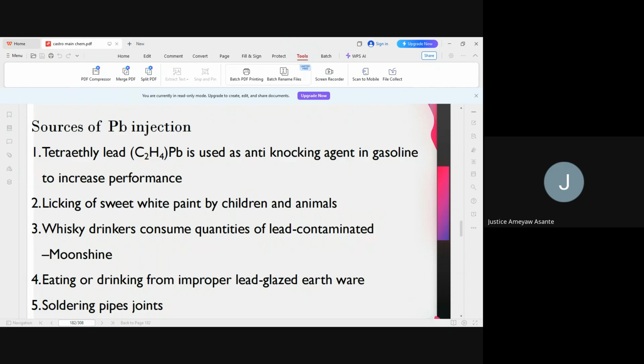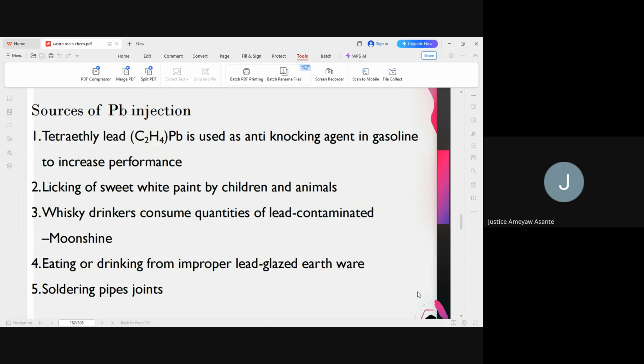Eating or drinking from improper lead based earthenware.